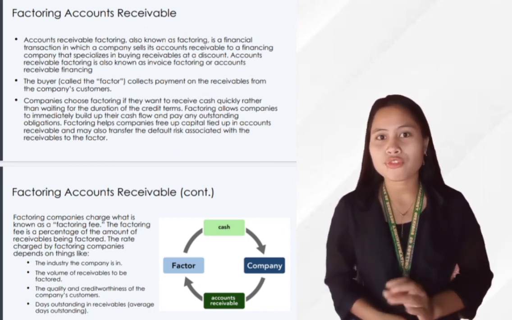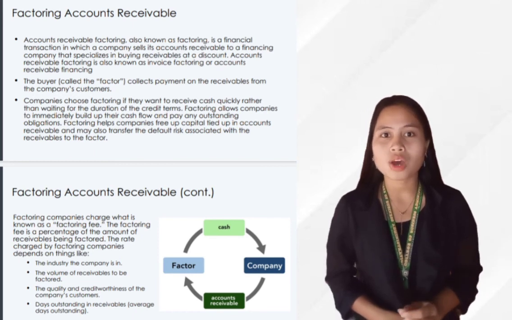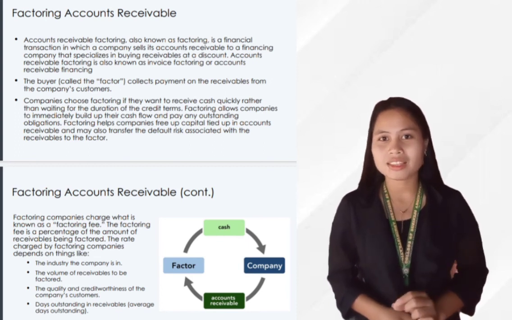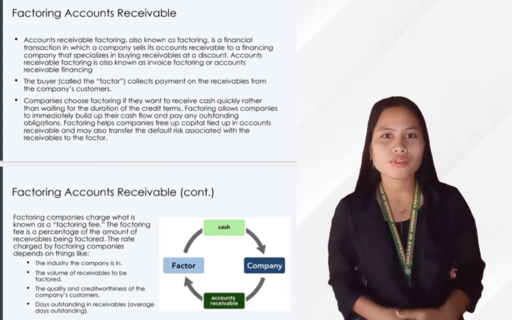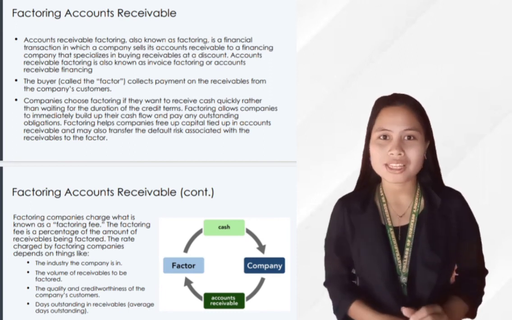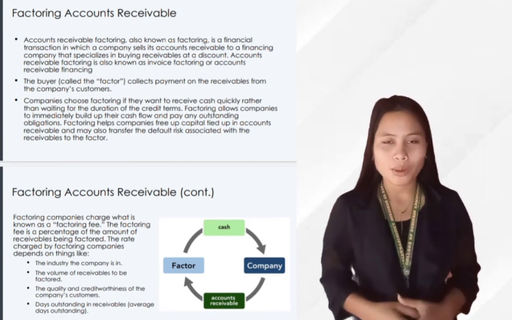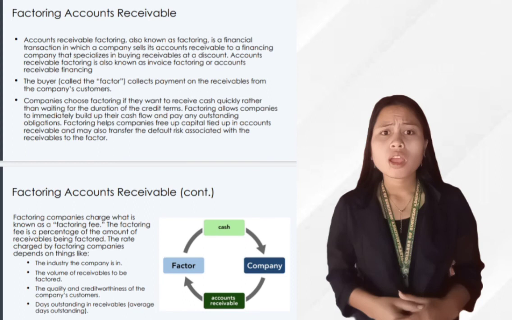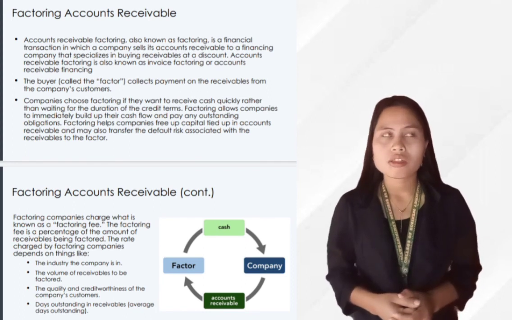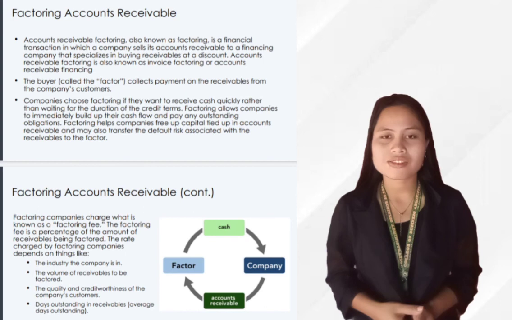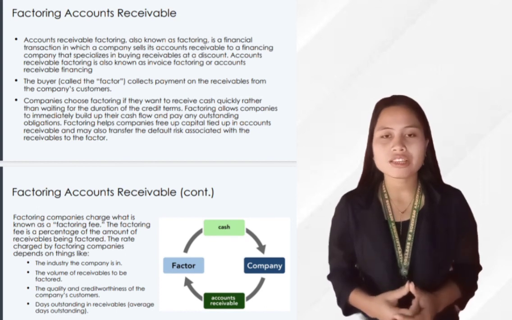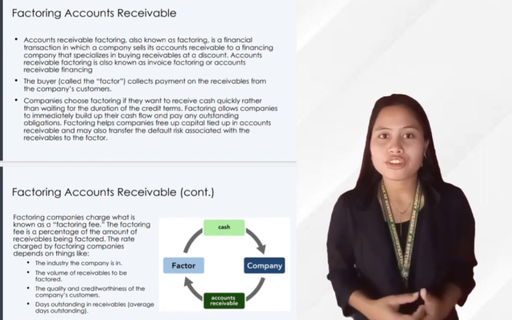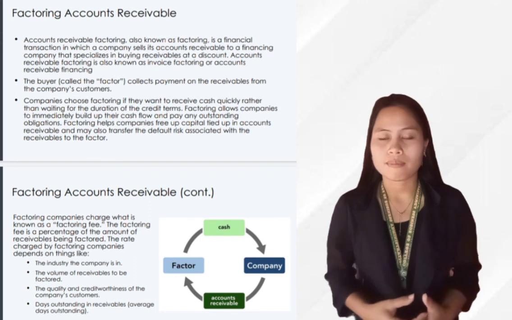The rate charged by the factoring companies depends on things like the industry the company is in, the volume of the receivables to be factored, and also the quality and creditworthiness of the company's customers. Factoring fees are the discount factoring companies receive for purchasing invoices before they are due and waiting for the debtors to pay them.